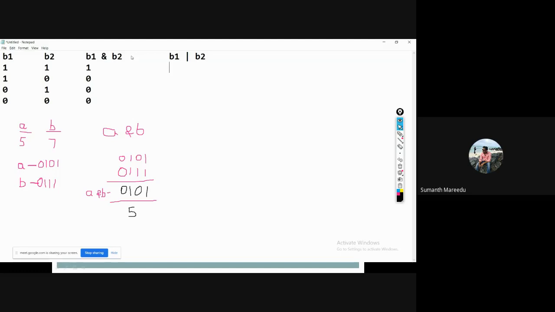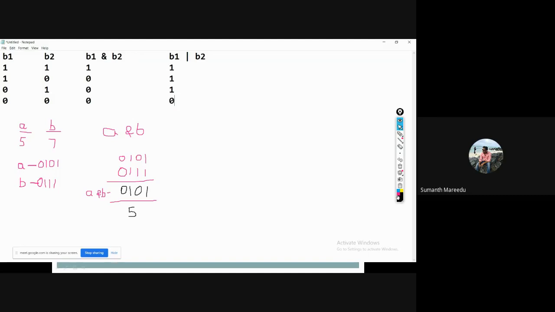If both are 0, then only the result becomes 0. Any one bit is enough, so then automatically it becomes 1.